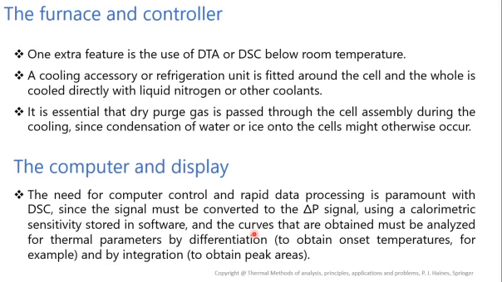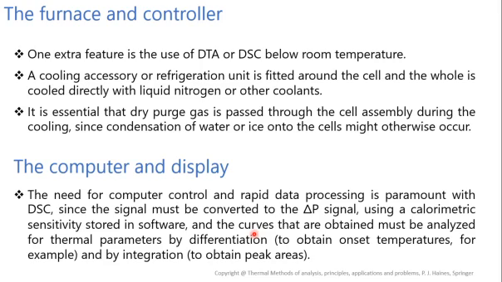A cooling accessory or refrigeration unit is fitted around the cell, and the cell is cooled directly with liquid nitrogen or other coolants. It is essential that dry purge gas is passed through the cell assembly during cooling, since condensation of water or ice onto the cell might otherwise occur.